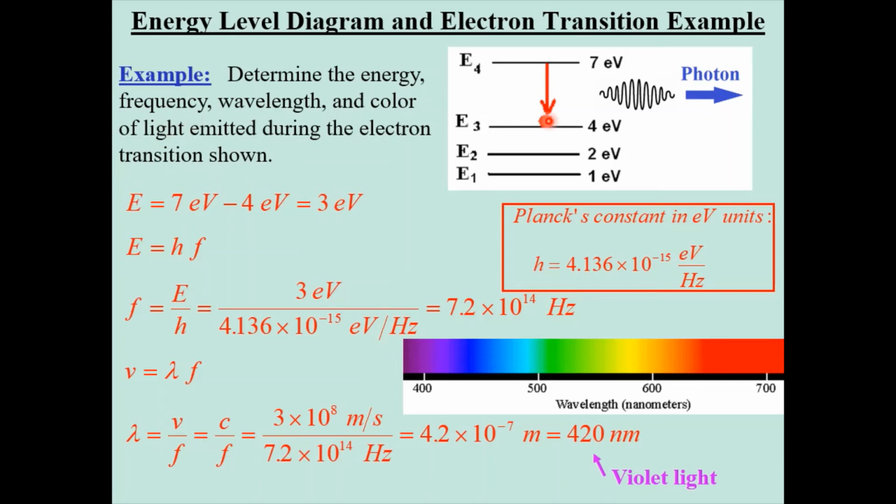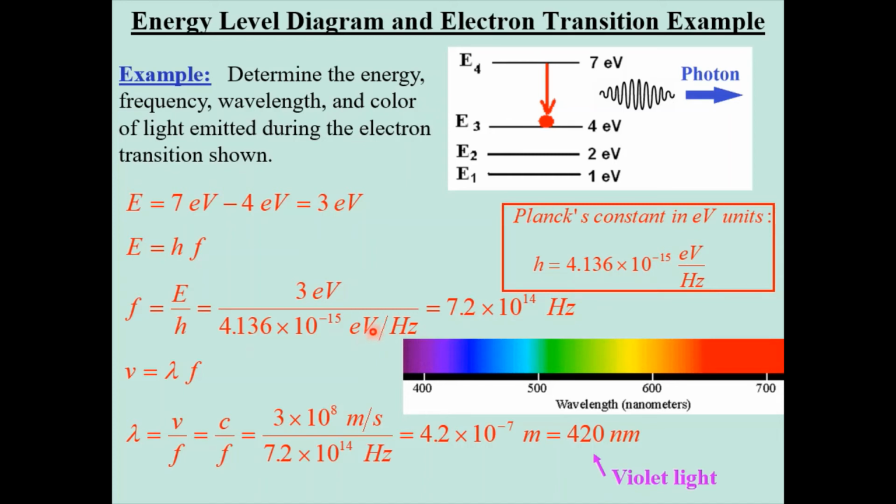Now, what is the frequency of this photon, of this light? Well, here we can use Einstein's formula, E equals hf. So f equals E over h. The E is 3 electron volts, and h, remember that's Planck's constant. We're going to use the one in eV units from the last slide, so it's 4.136 times 10 to the minus 15.